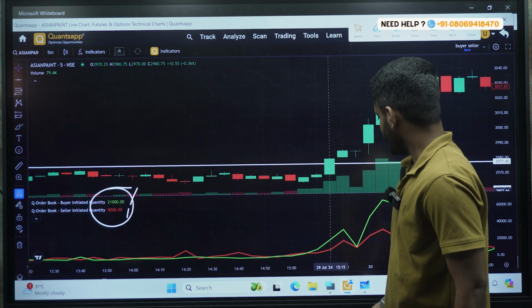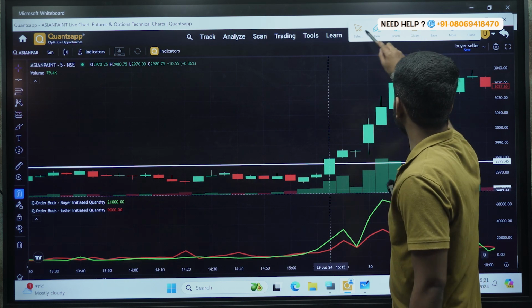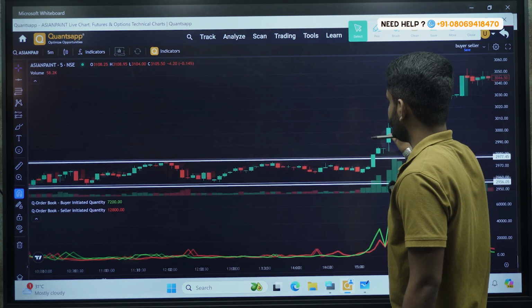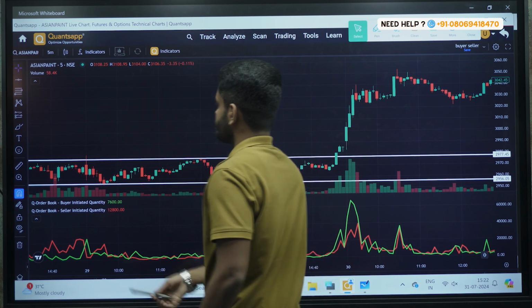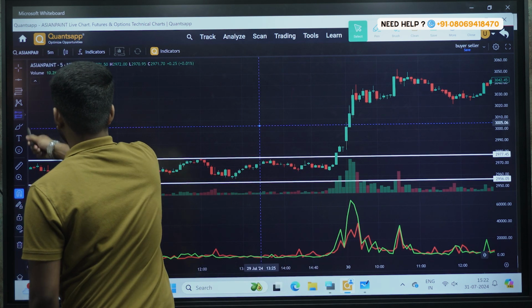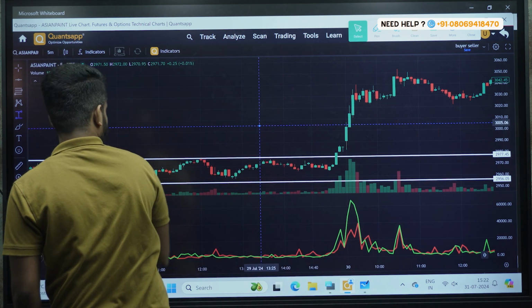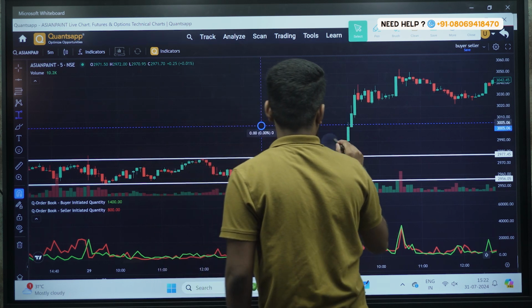So I can go and initiate a trade over here. If I would have initiated a trade, check how many points I could have scalped.